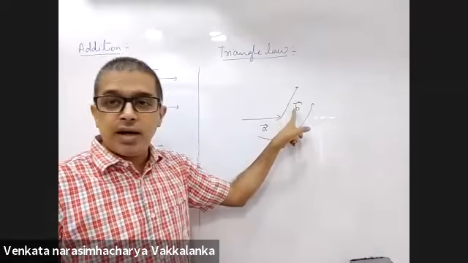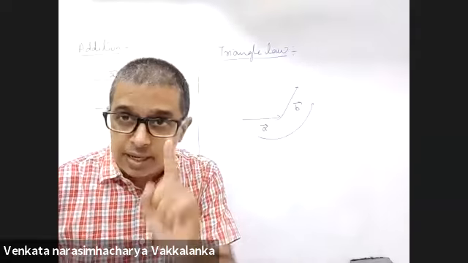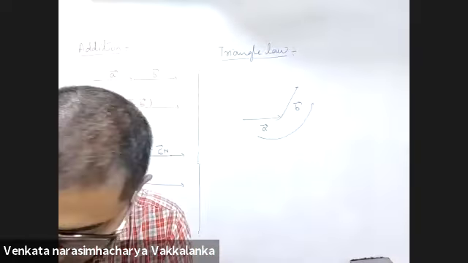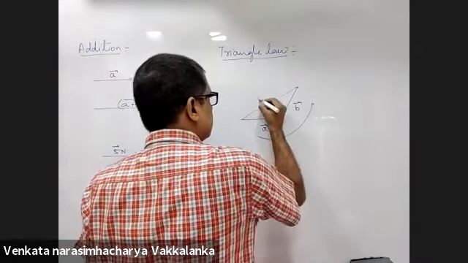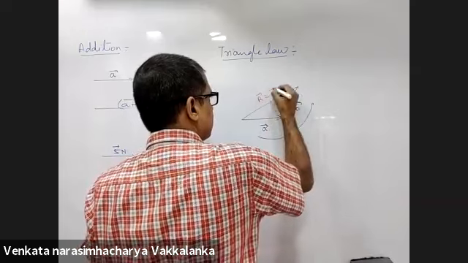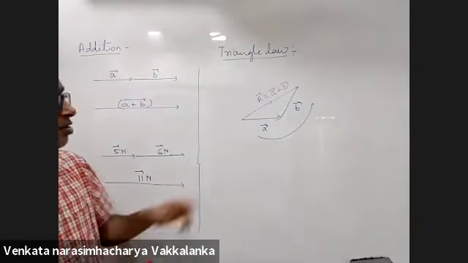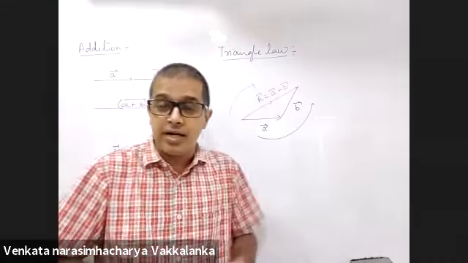If two vectors are represented as two sides of a triangle taken in one order, the third side of the triangle taken in the reverse order is the resultant.